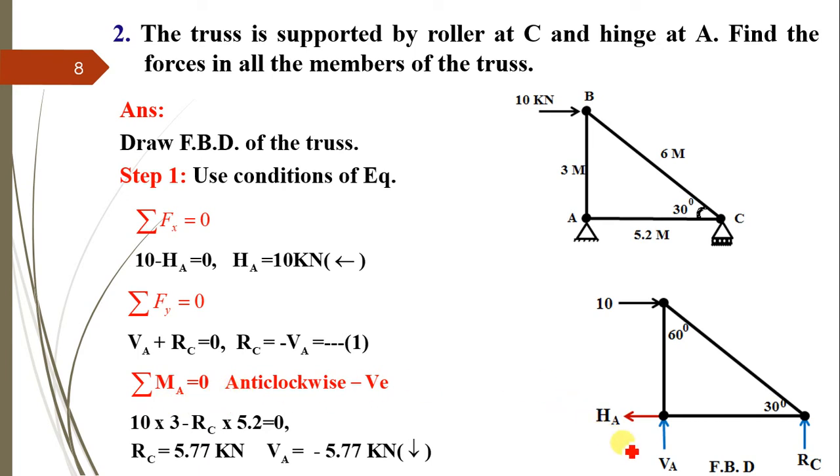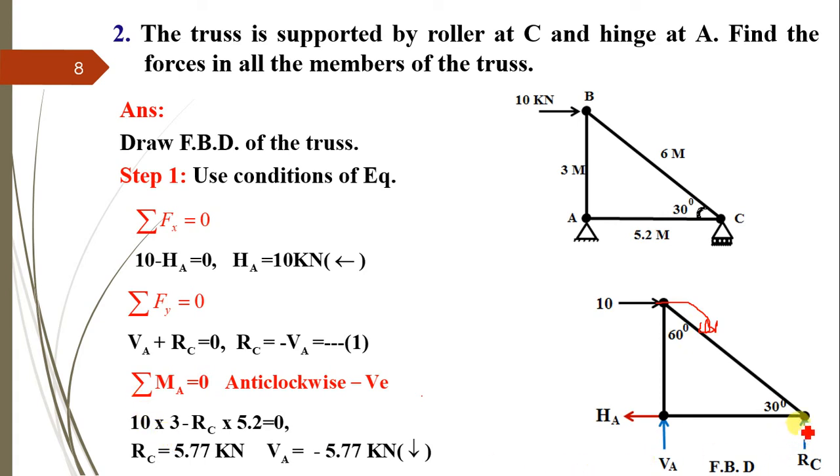Then taking summation of moment about point A equals 0. Here at point A the moment is 0, and considering anticlockwise as negative, or clockwise as positive: 10 multiplied by the perpendicular distance, which is the vertical distance as the force is horizontal, 3 meter. So 10 into 3, and the nature of moment is clockwise, so positive.